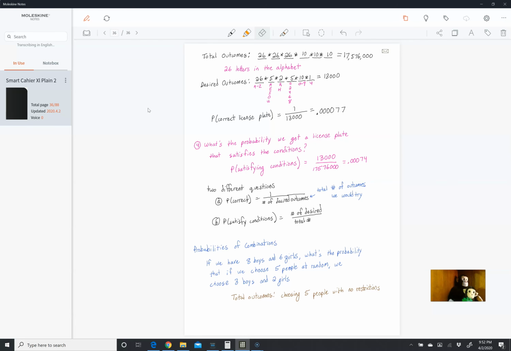But here, we're not given any of that, and we're not told that order matters. So you can assume order doesn't matter, okay? So the total outcomes, well, we have 14 people in total, and we're choosing 5 of them. So that's the total outcomes.